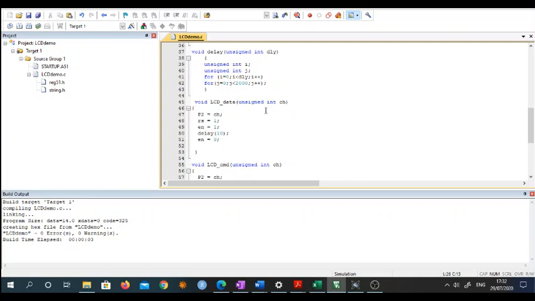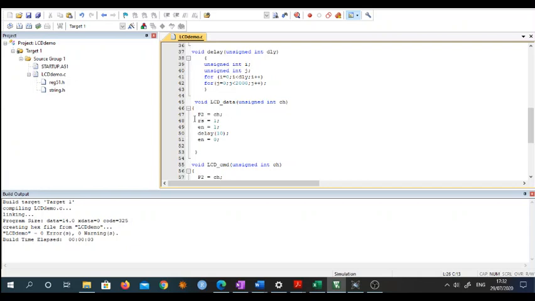So whatever comes inside this bracket will be treated as data, and this data will be sent to P2.